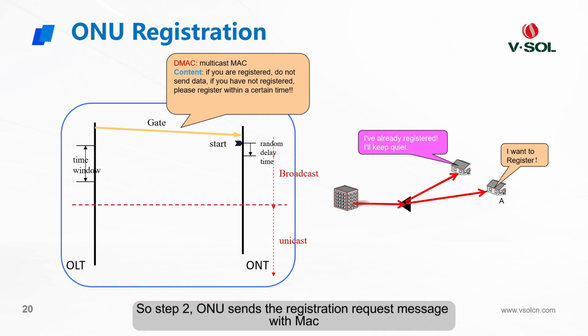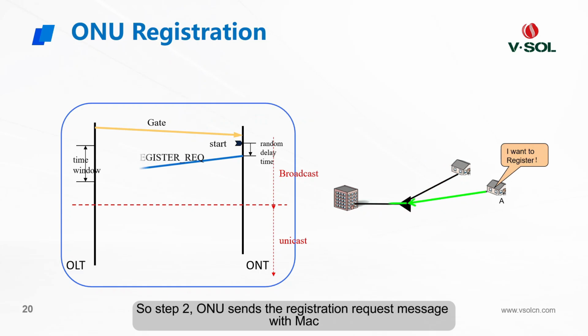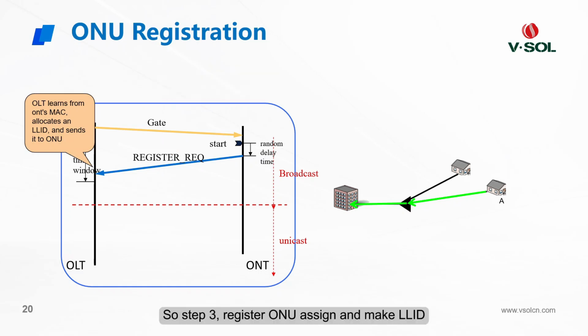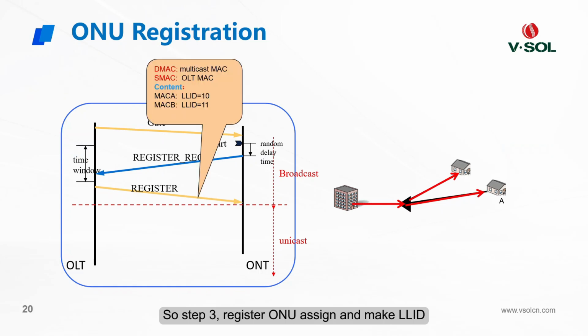So, Step 2, ONU sends the registration request message with MAC. OLT learns the ONU's MAC, allocates an LLID, and sends it to ONU. Step 3, register ONU, assign LLID, binding MAC and LLID. For example, ONUA is assigned LLID 10 and ONUA will save it.